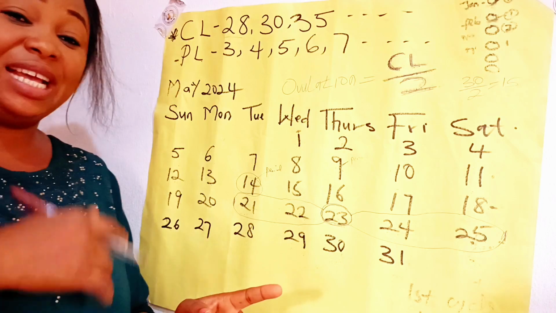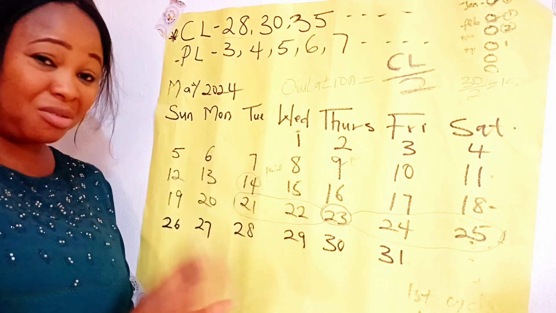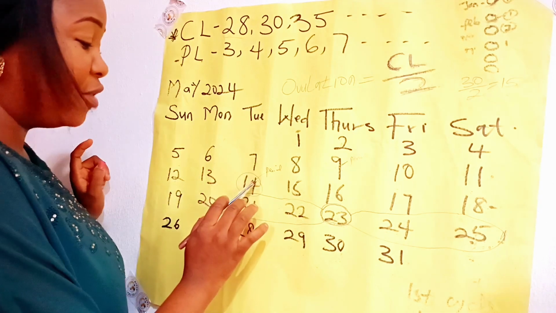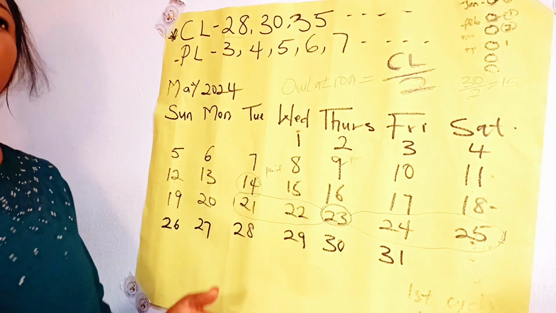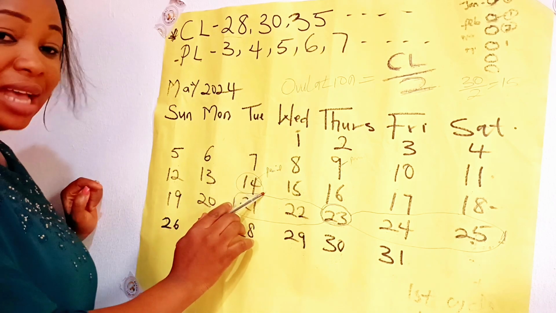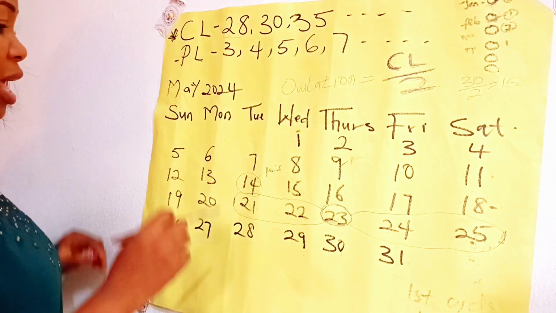Remember, you have a 28-day cycle, and that's why I said you must track your cycle before you even think about calculating your ovulation. So when you have a 28-day cycle length and you notice that today is May 14 and your period started, that's day 1 of your period.